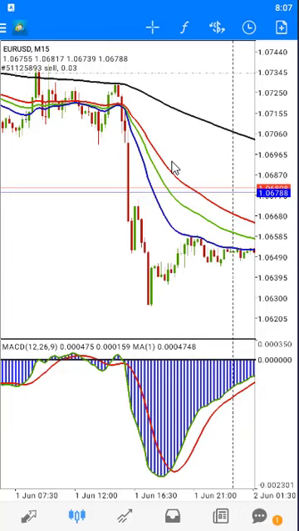For every one standard lot traded volume, whenever the market moves 1 pip, it equals $10. That means if you're trading one standard lot, it equals $10.